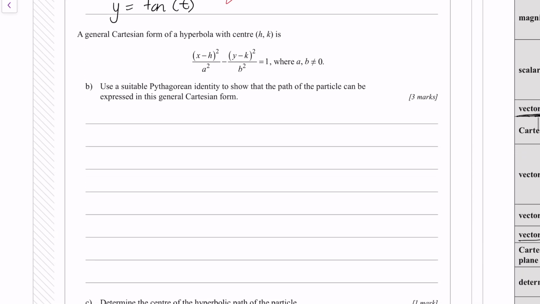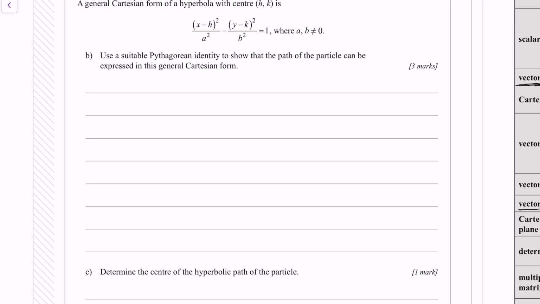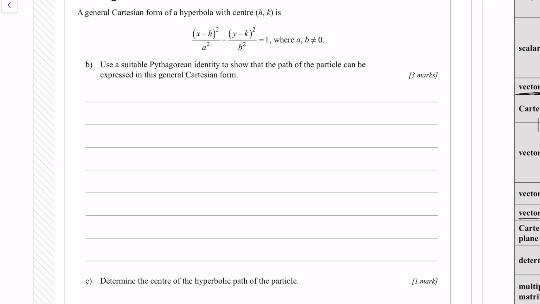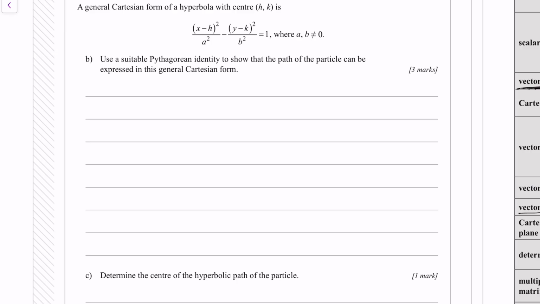Part A. Now part B is looking at a general Cartesian form of hyperbola with center h, k, and then it gives us that formula. Okay, and we have to use now a suitable Pythagorean identity to show that the path of the particle can be expressed in this general Cartesian form.